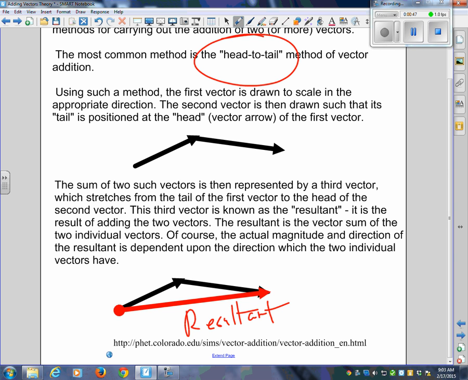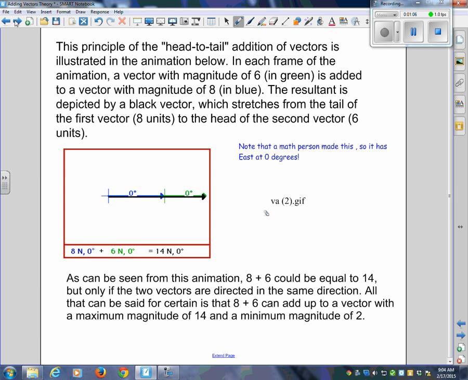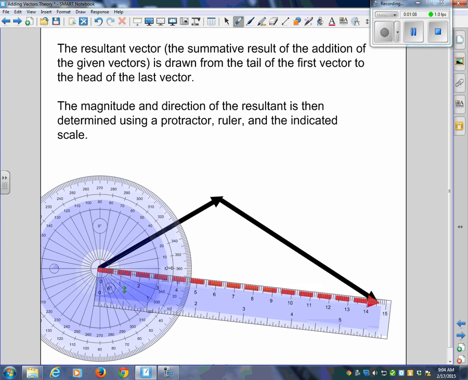The resultant is the answer to a vector addition question, like the word sum for a regular addition. And this does not have to be tip to tail. You always start from where you started to where you end, and you always measure the angle from where you start, right? Okay. And you may have to use a ruler and a protractor, like so.